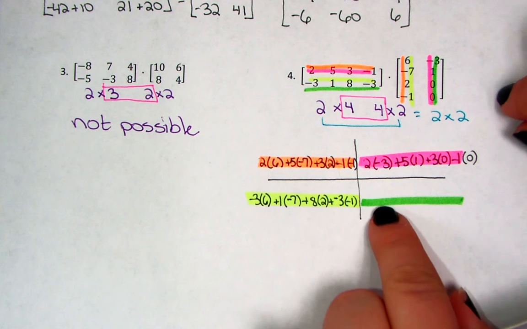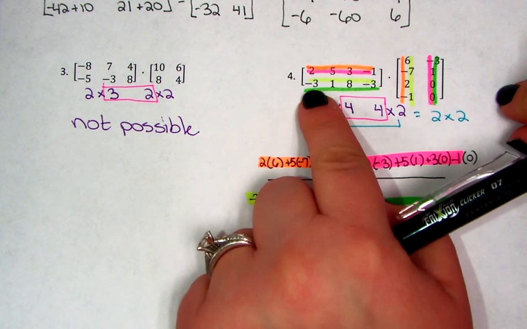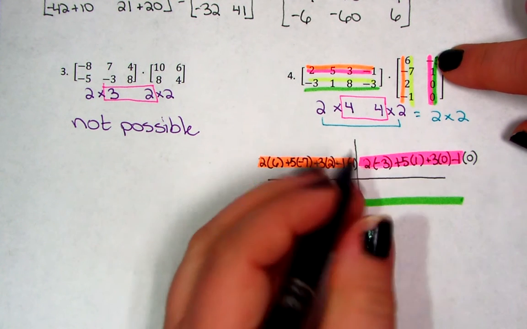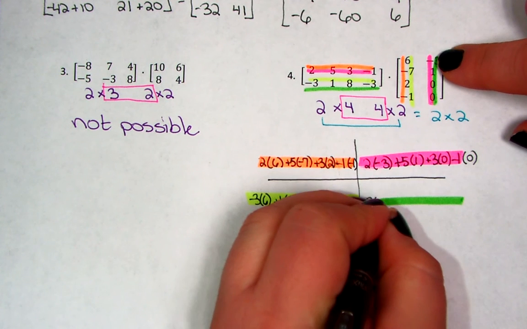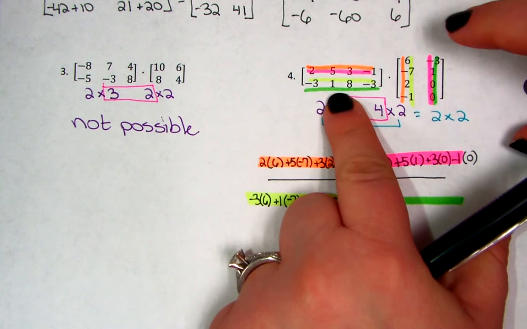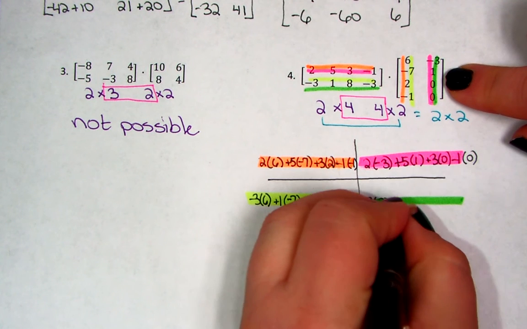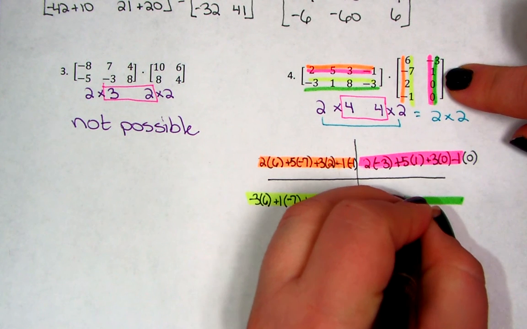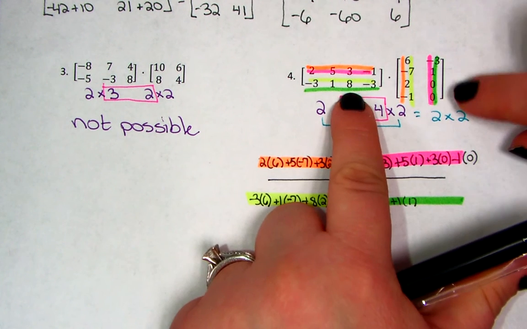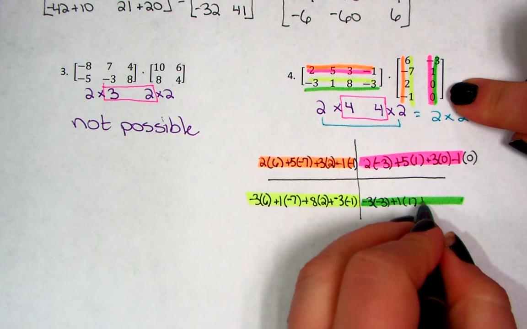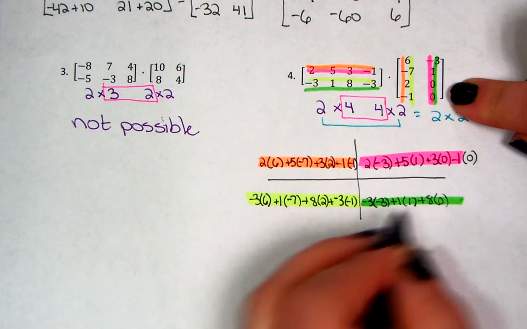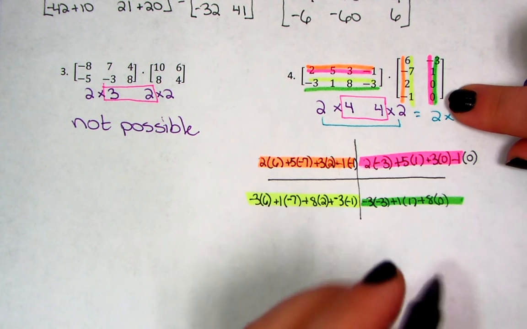Then last one, following the green. Negative 3 times negative 3. 1 times 1. 8 times 0. Plus negative 3 times 0.